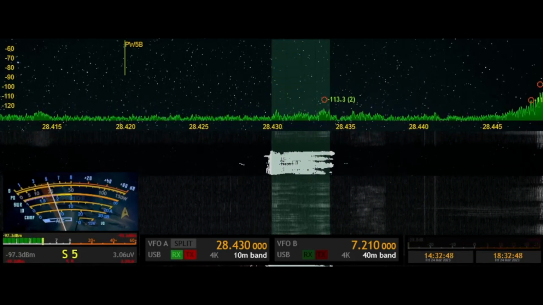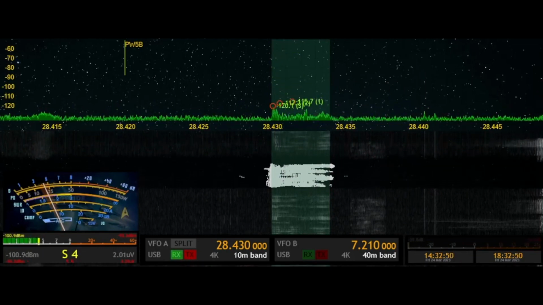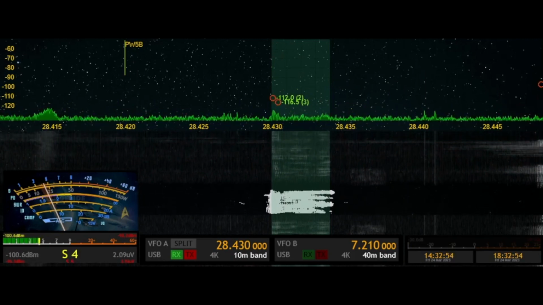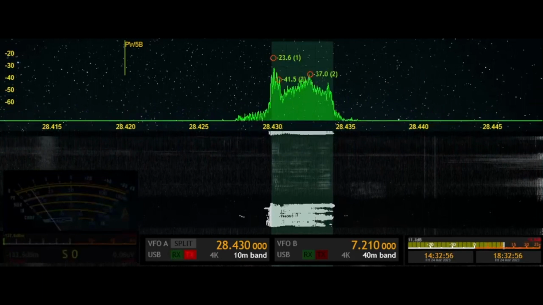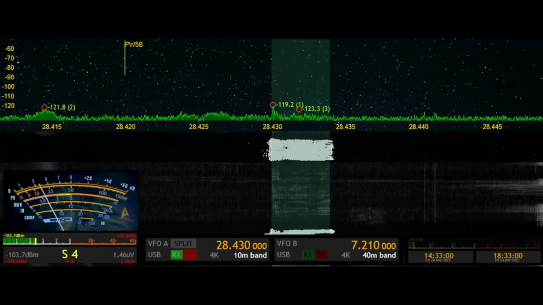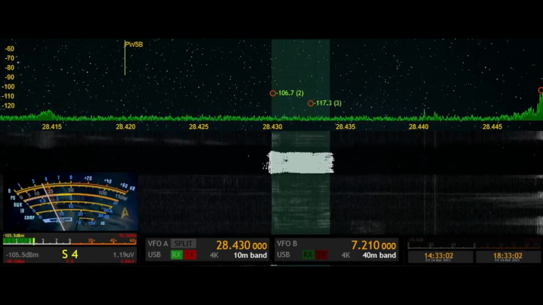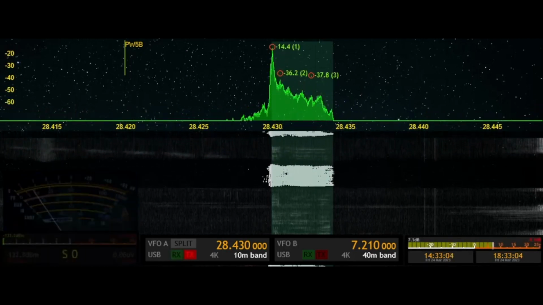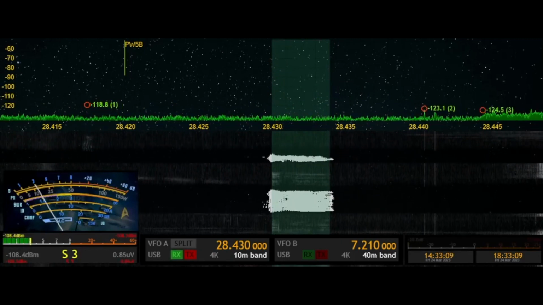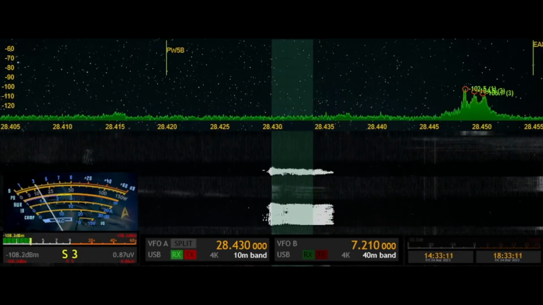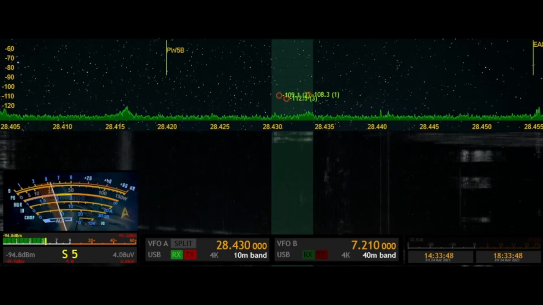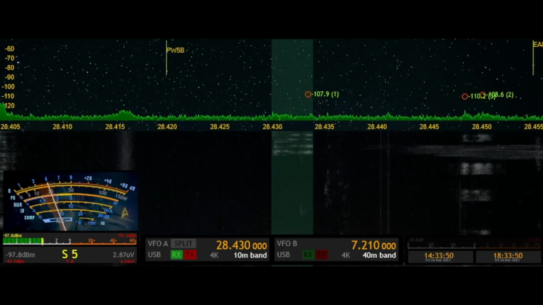Okay. We have someone in our passband. Would I like to move to a different frequency? Yes, look it up and find the frequency. Okay, I'll be back. N4VFR, K0MO. Okay, 28410, 28410.